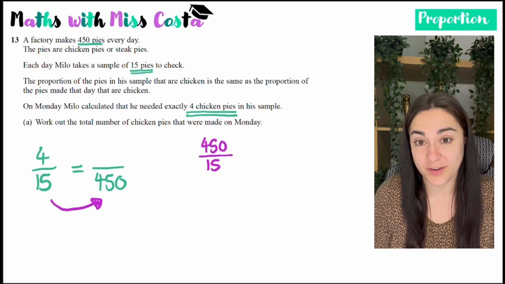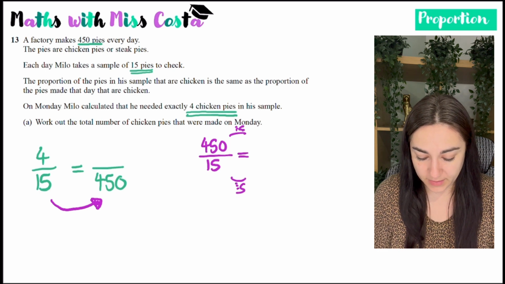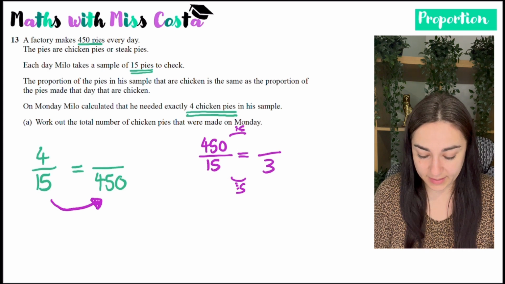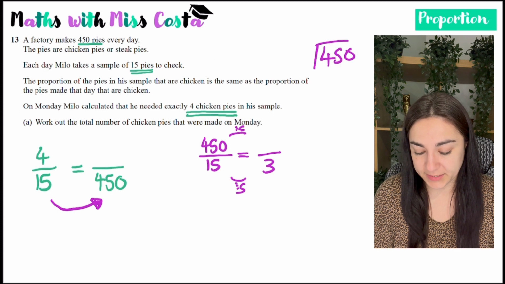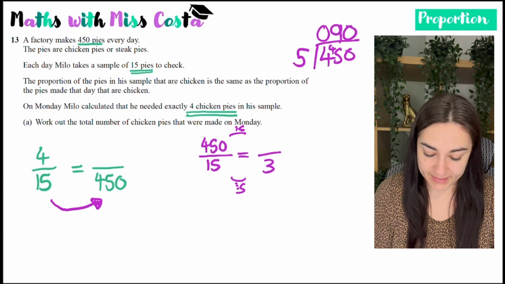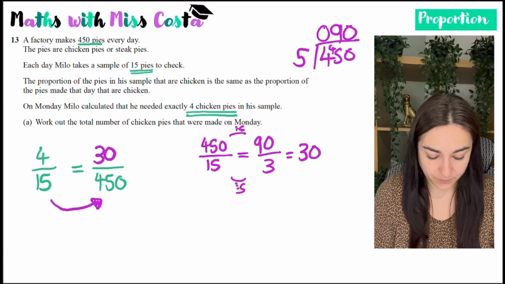So 450 divided by 15, I know that 5 is going to be a common factor. So 15 divided by 5 is 3, and 450 divided by 5, if I didn't know that, then once again, just use the bus stop method. So 5s into 4 don't go, 5s into 45 are 9, and 5s into 0 is 0. So that would give me 90 over 3, which is 30.